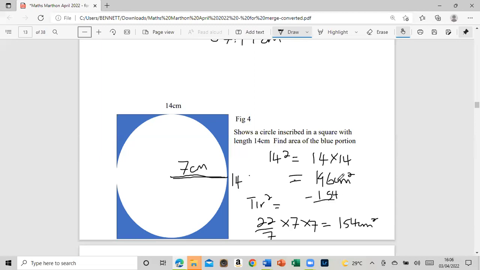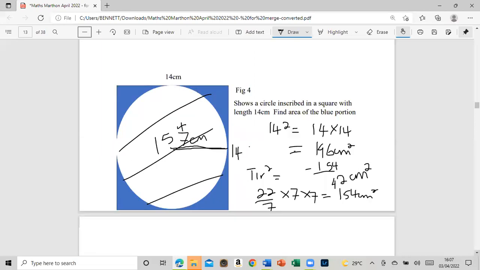The blue is all of the square, 196, but this portion here is 154. So we just subtract it, and that would be the balance. That's 42. So the area of the shaded portion would be 42 centimeters squared. Just make that little note there, guys.